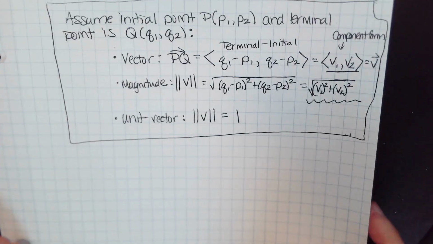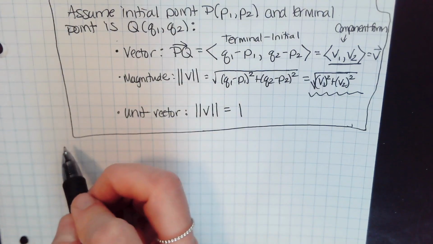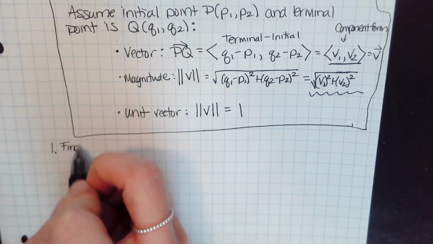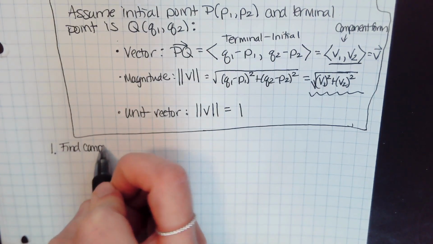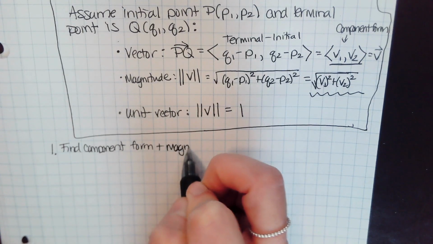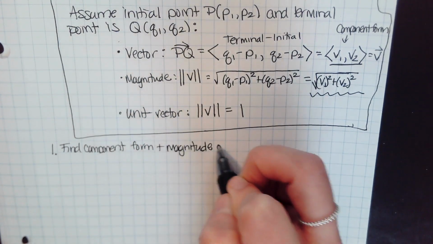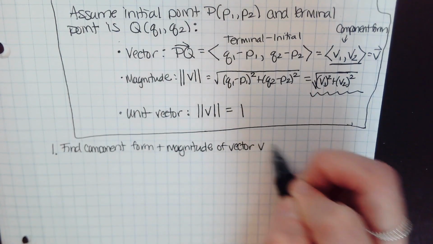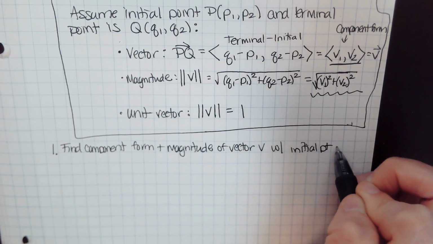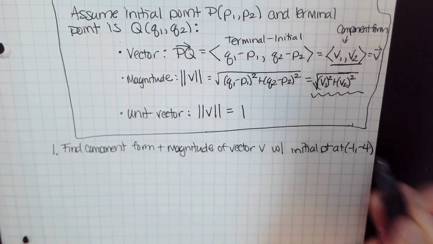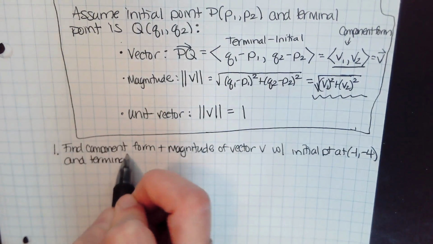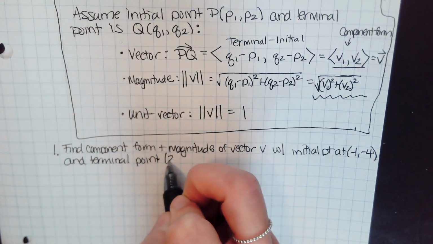So a lot of new information for us. All right, I'm going to restart here at 1. Number 1 says find the component form and the magnitude of vector v with initial point at (-1, -4) and terminal point (2, -2).